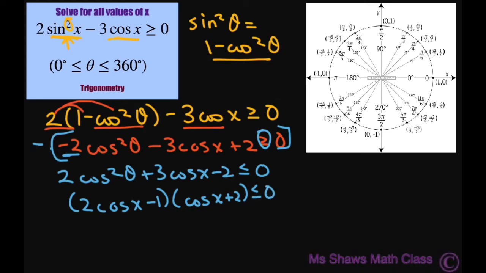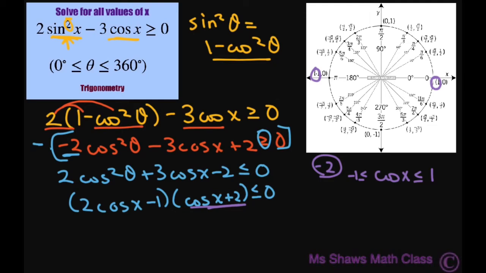Now looking at this, if you set this to 0, we're going to get cosine of x is negative 2. But recall that cosine of x has to be in between 1 and negative 1, so from 1 to negative 1.